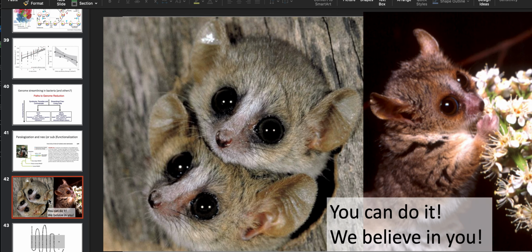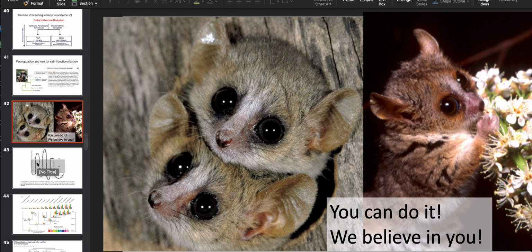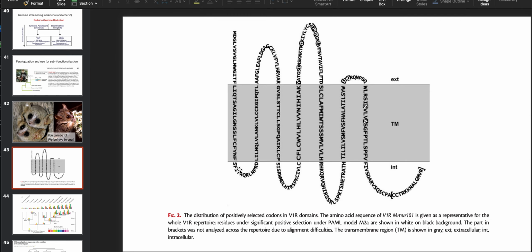I don't know if you guys remember these little puppies, but the mouse lemurs actually have some really super duper cool pheromone receptors that are associated with what's called the vomeronasal... I always mess that up.